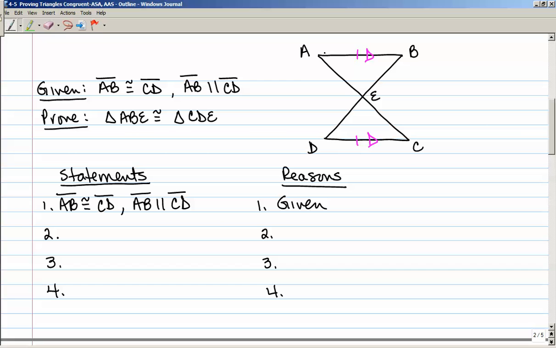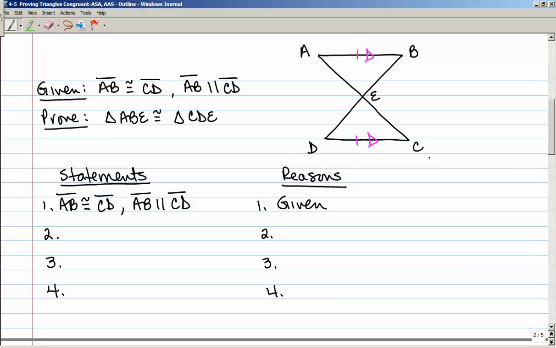If I look at the line across the top and the line across the bottom as my parallel lines, I actually see two possible transversals. One would be BD going this way, and the other would be AC going that way.